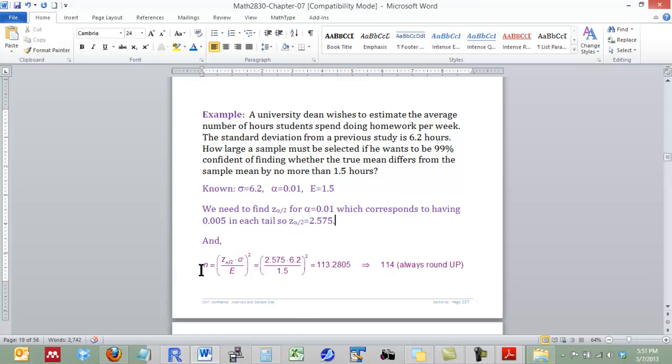Right, so plugging this in, my sample size is z times my standard deviation divided by my margin of error that I'm willing to accept. Computing this, I've got the n side, compute that value, and then don't forget to square it. That comes up to be a little over 113, right?